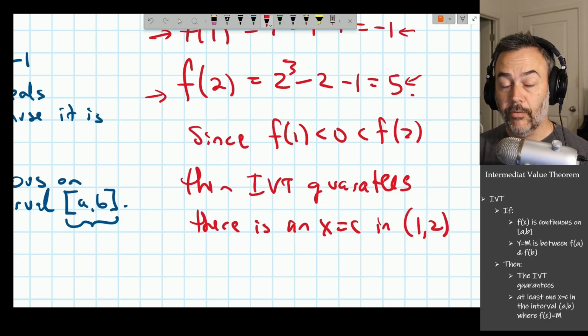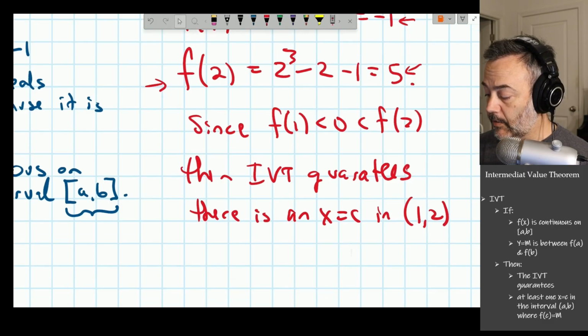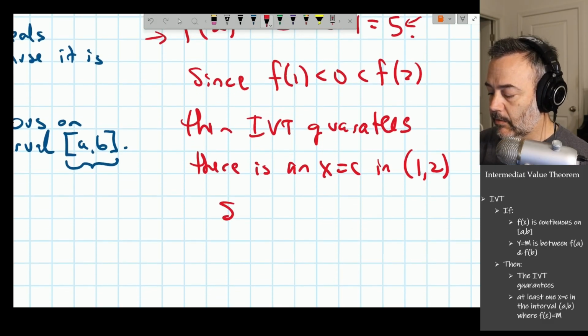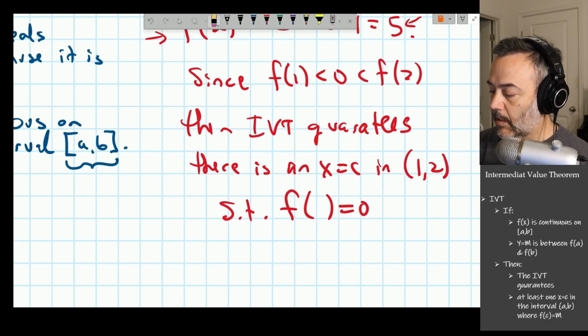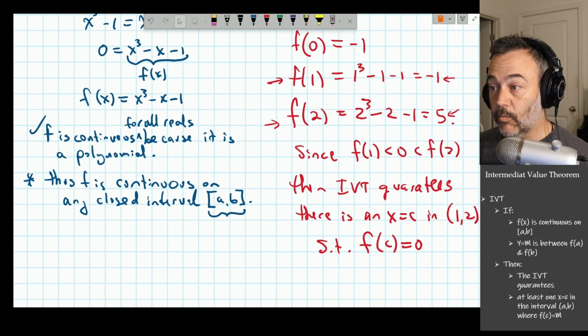Now that's an open interval; it doesn't include the endpoints. There's an x equals c in that interval such that f of c equals 0. That does it. We're done.